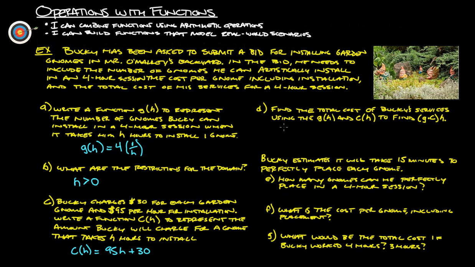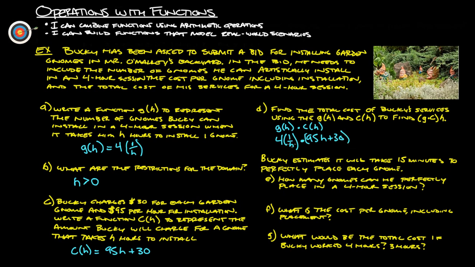So G of H times C of H. So G of H we already came up with is 4 times 1 over H. And then our C of H is 95H plus 30. And we got to make sure we put parentheses around that, so we multiply both sides there.